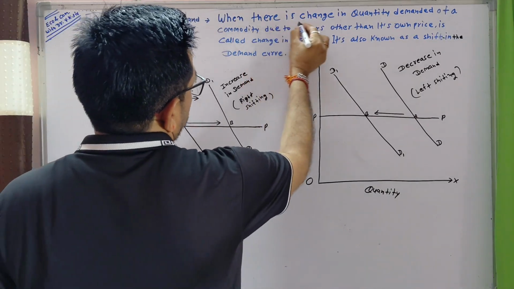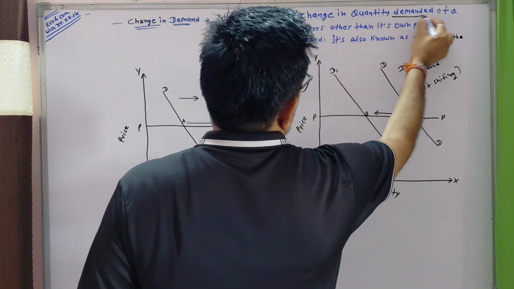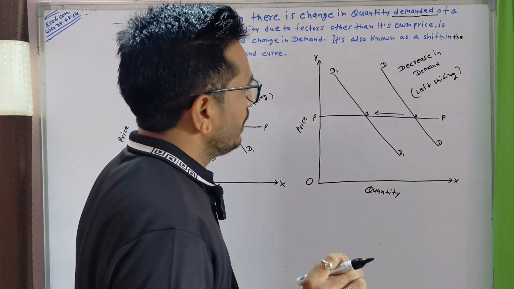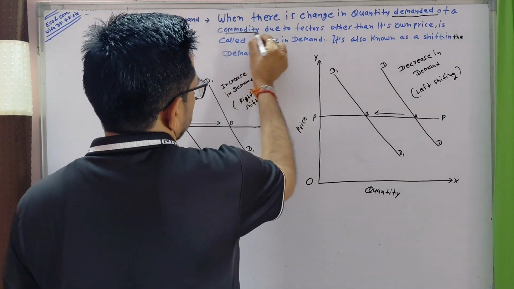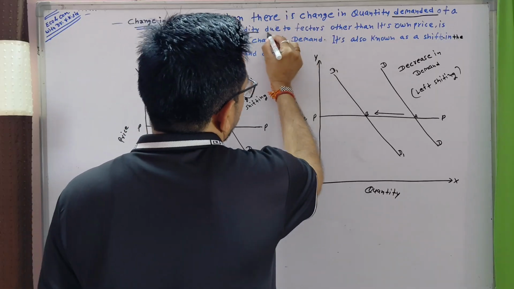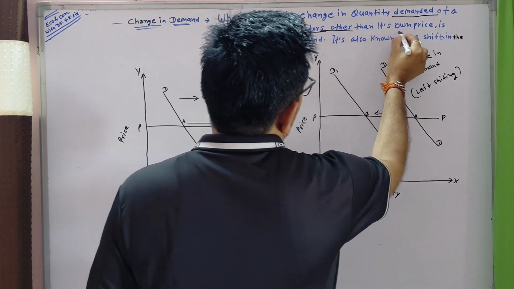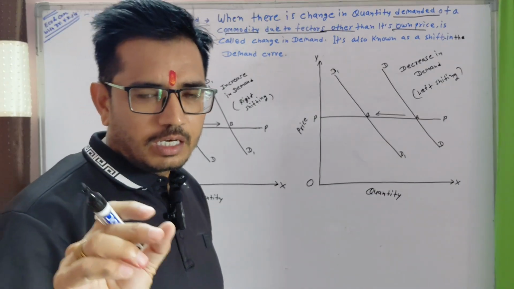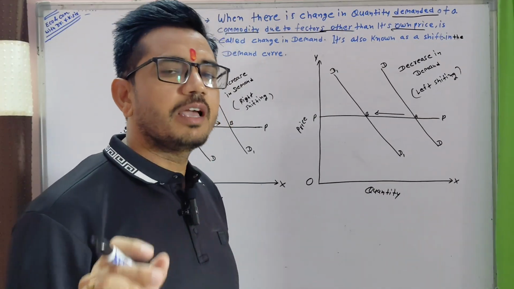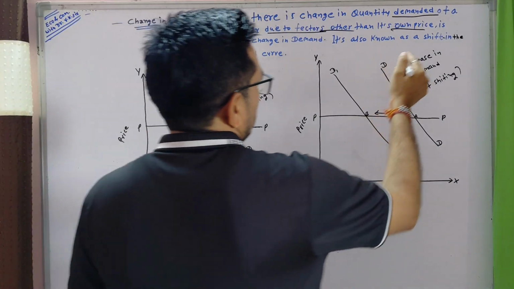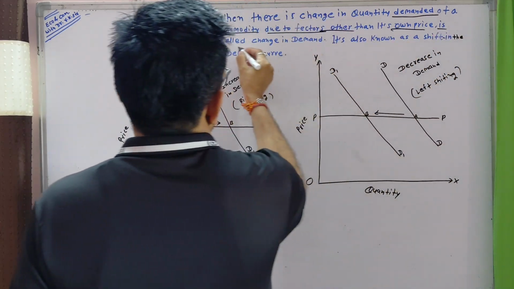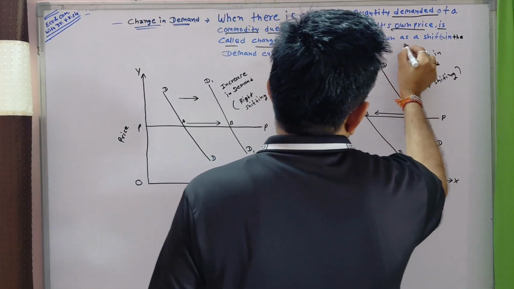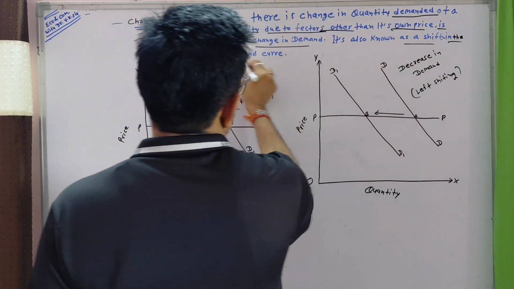When there is a change in quantity demanded of a commodity due to factors other than its own price, it is called change in demand. It's also known as a shift in the demand curve.